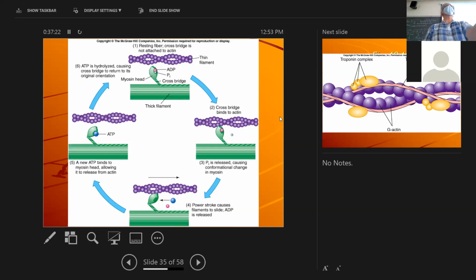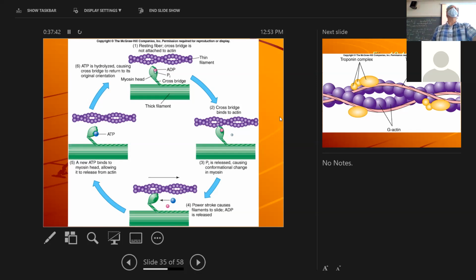So cocked, uncocked, binds, and then it pulls the actin like that. And when it binds ATP, it then releases itself from the actin. So here, power stroke, and then it binds ATP and gets released from the actin.